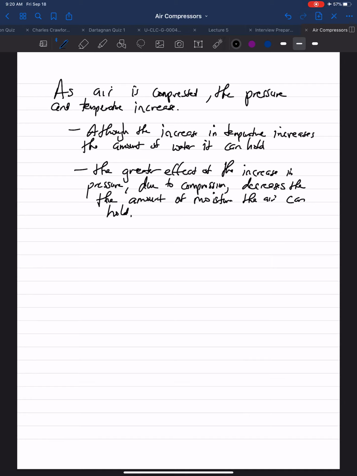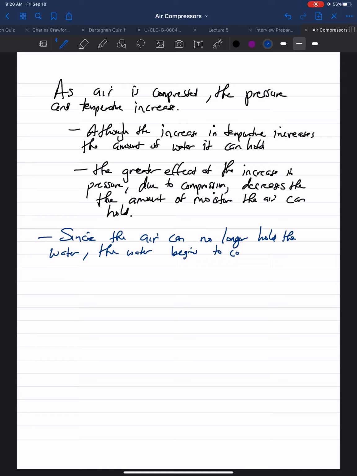So since the air can no longer hold the water, the water begins to condense.